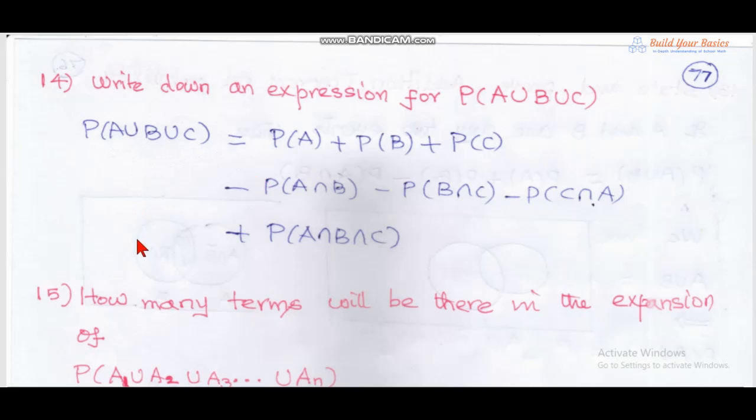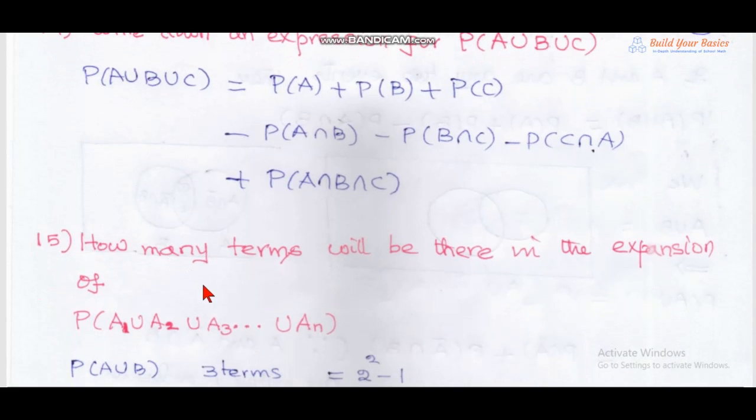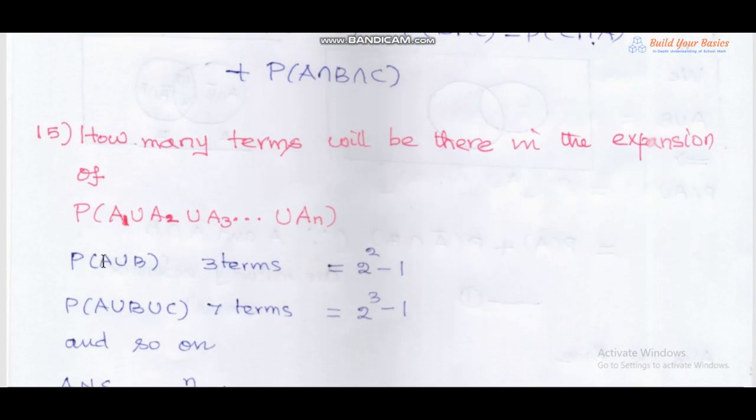Question number 15. How many terms will there be in the expansion of probability of A1 union A2 union A3 union AN? Probability of A union B. In the expansion by addition theorem on probability, there will be 3 terms, that is 2 square minus 1 terms.